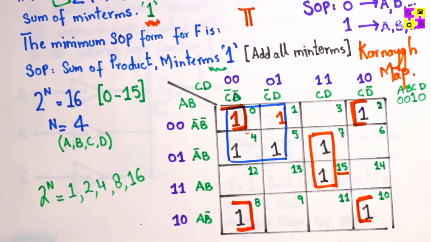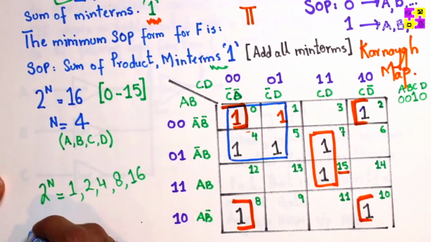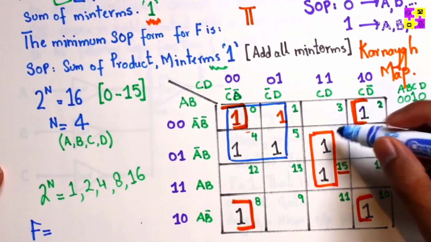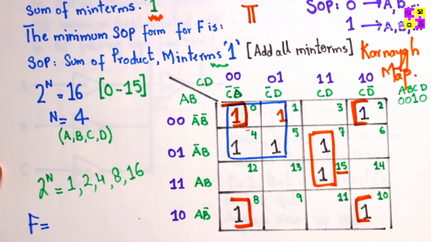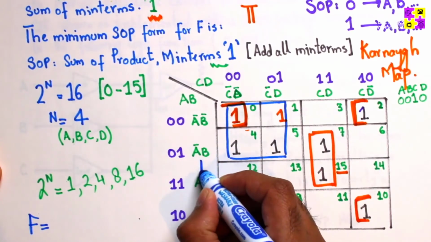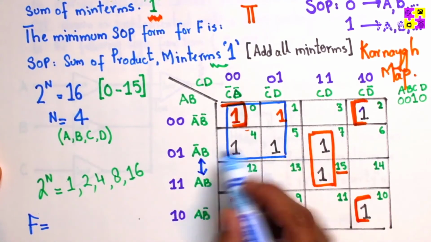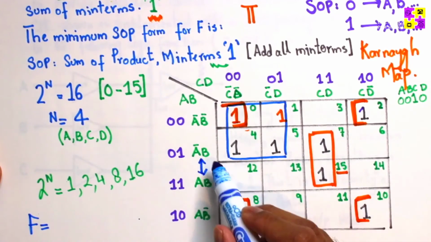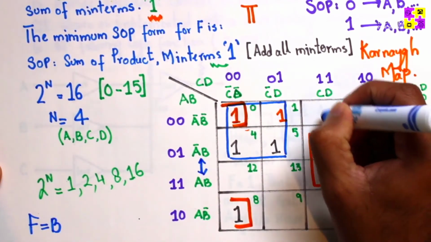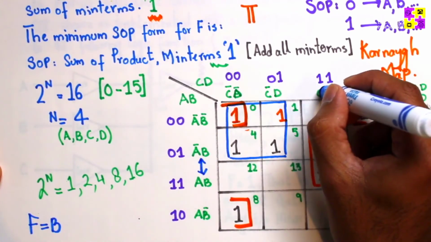Now we are going to derive an expression. So f here is simply going to be, we're going to look at this right here first, 7 and 15. What is common between these two terms, because these two terms overlap with 7 and 15? Well, the common here is B, and similarly on the x-axis here, the common is CD.